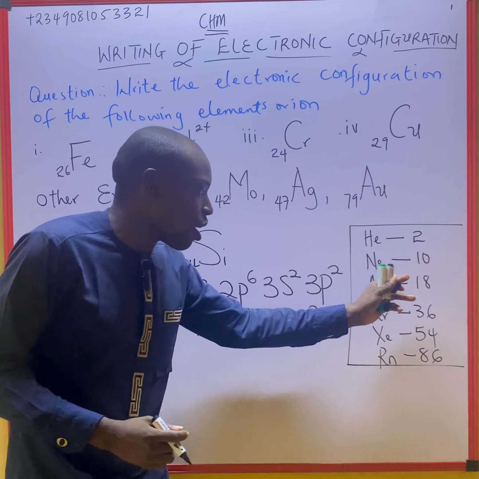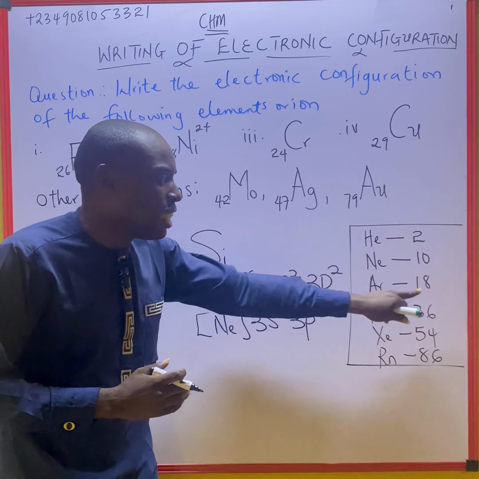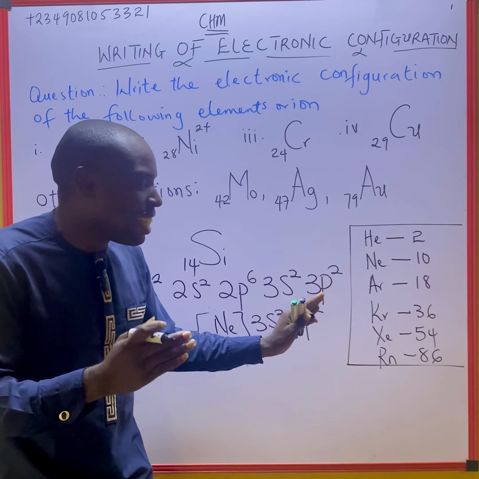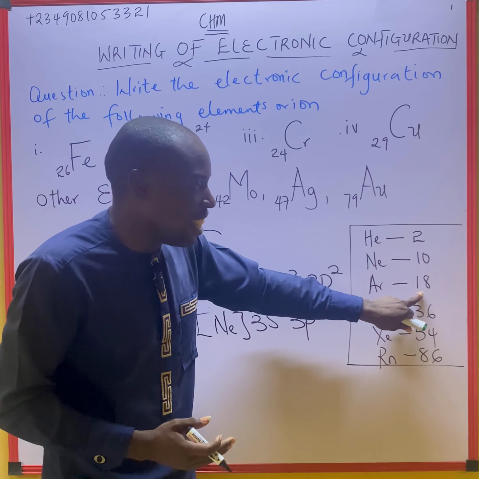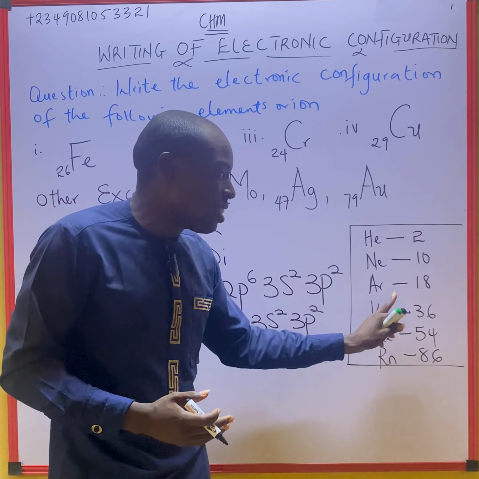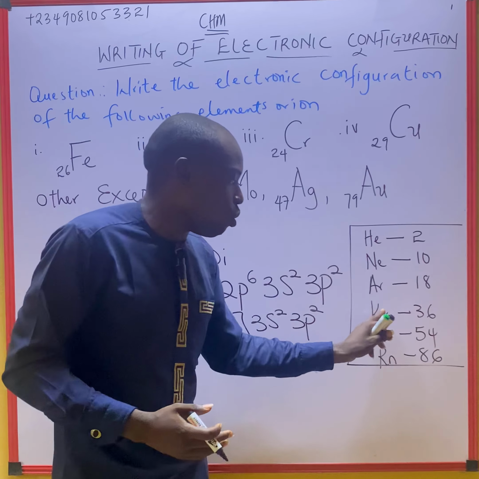But be very careful here. If I'm to use the condensed form, 14 is not up to 18, so you have to use neon. Any element that is greater than 18 but less than 36, you go for argon. If it's greater than 36 but less than 54, you go for krypton.